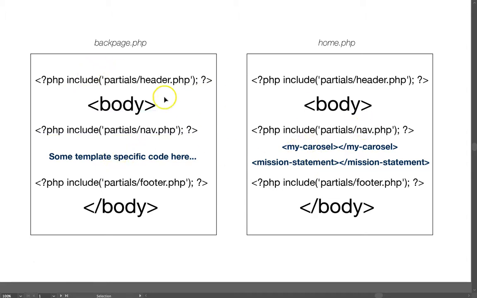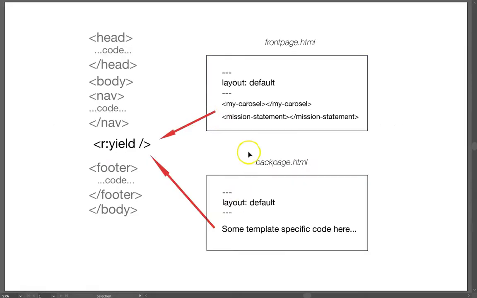So this stuff is all staying the same, and it doesn't make any sense to repeat that over and over. That's the beauty of layouts: we can use this yield tag and remove the need to write this over and over again, or write includes for these things over and over again. We can just specify at the top of our template, in the front matter, what layout we're going to use.